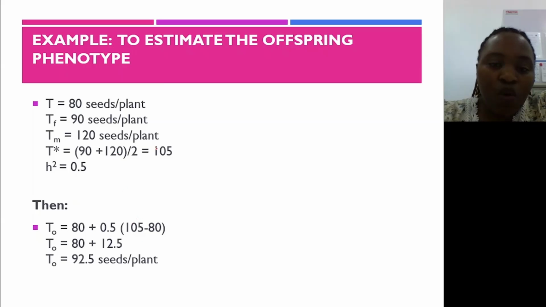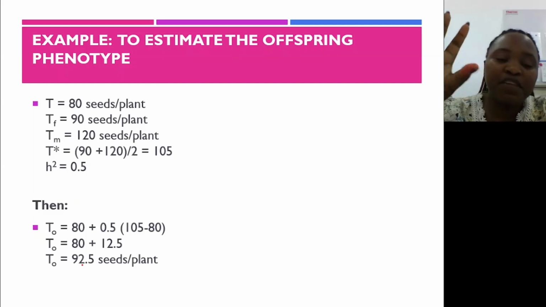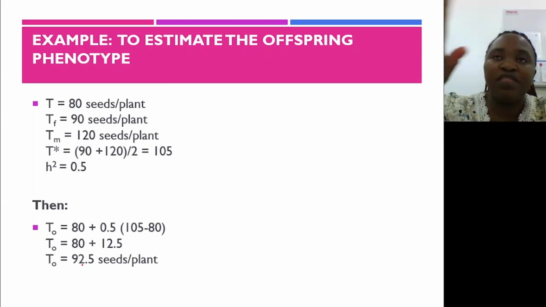Then we have the 105 minus the mean for the population. And of course, now we get that our offspring from this generation will have an average, because it's not an individual plant, it is the average within the population.